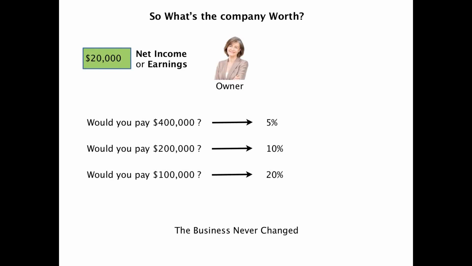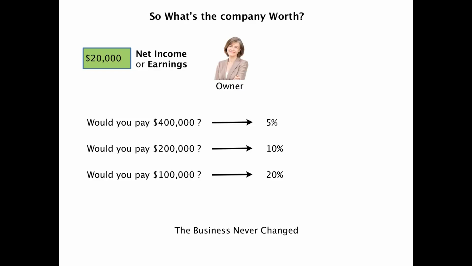Okay, now that you've paused the screen and thought about that question, let's look at some different values here. We know that the net income or the earning is $20,000. Nancy doesn't have to do anything. She's just going to get paid that $20,000 after 1 year. So what would she be willing to pay to earn that $20,000? Let's say $400,000 is what somebody's going to buy this business for.